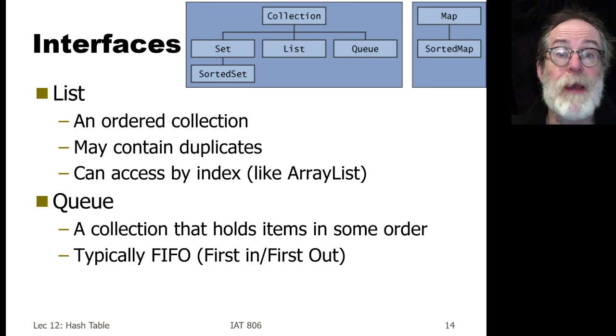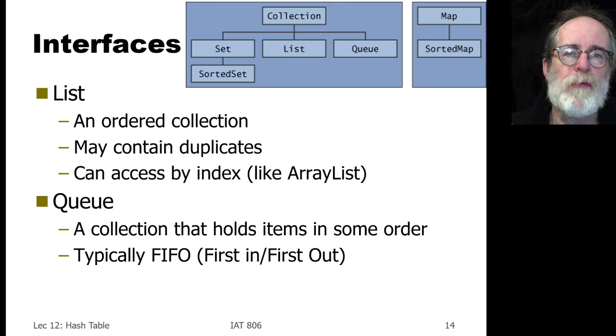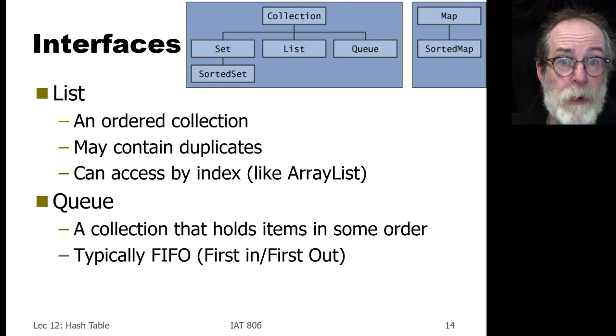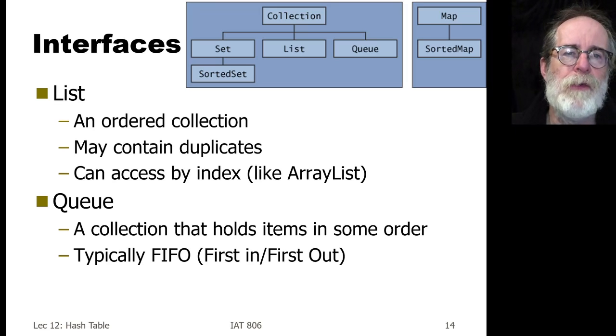The other is LIFO, last in, first out. So in a queue, the first person to arrive is the first person to get service, and people line up behind them. We've all been queuing a lot these days, separated by 6 feet. Anyway, a queue is a collection of items that holds things in some order, typically order of arrival.